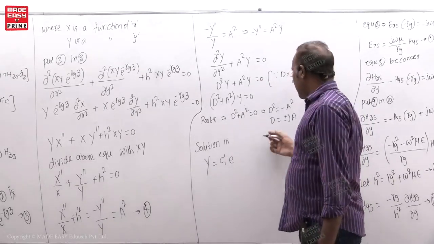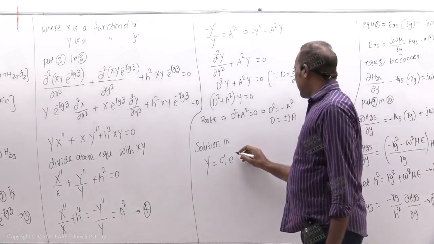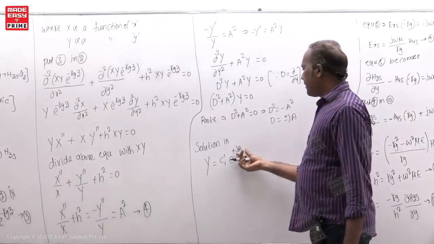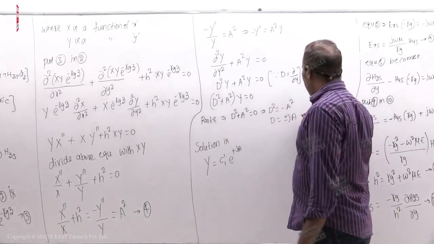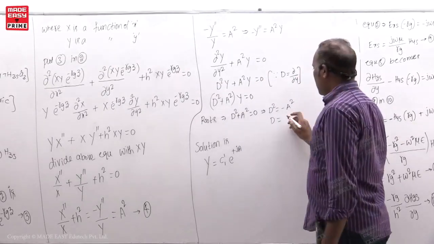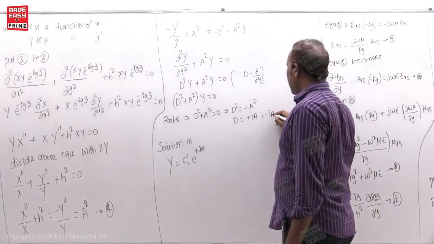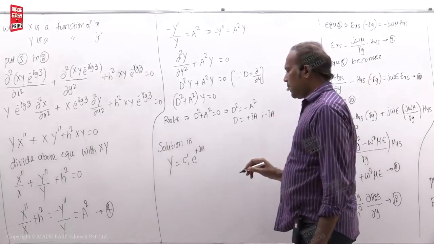You can take plus ja or minus ja, any one of them, no problem. Here the roots are plus ja as the first root and minus ja as the second root. Two roots are there.